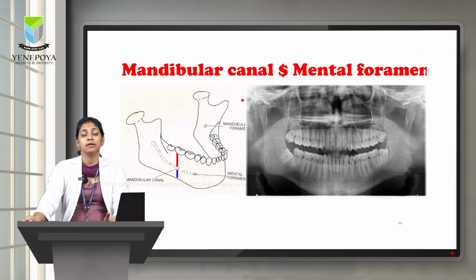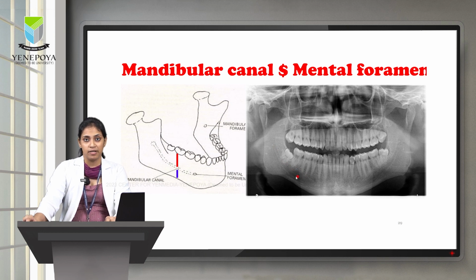Mandibular foramen, mandibular canal and mental foramen. So, the mandibular nerve enters into the mandible through the mandibular foramen, which is located at the central portion of the ramus, from where it descends downwards and anteriorly through the body of the mandible.